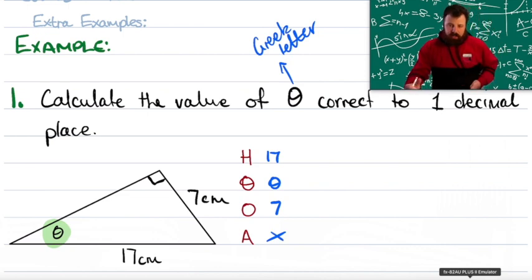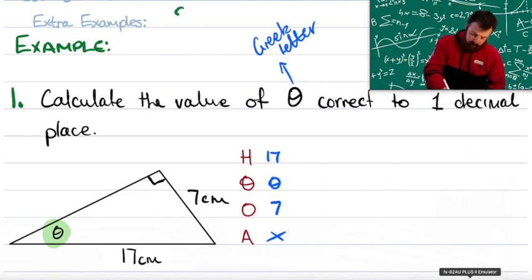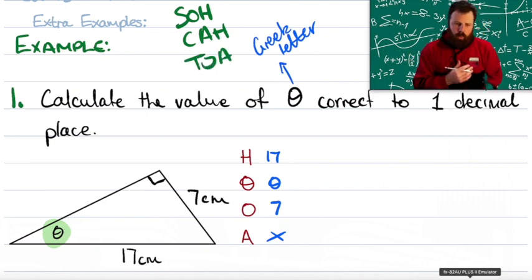So going through this, remembering SOHCAHTOA, which one of those trig ratios deals with hypotenuse and the opposite? We're dealing with sine. So right now all we need to do is substitute the information that we have into sine.